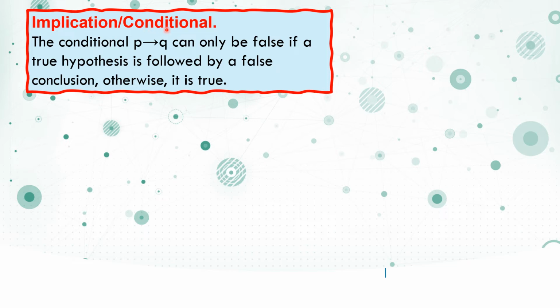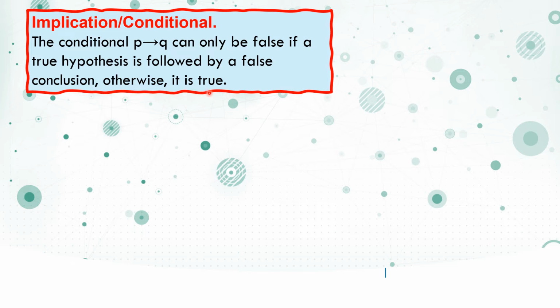Conditionals are very important in mathematics since most mathematical statements are expressible in this form. The conditional if P then Q can only be false if a true hypothesis is followed by a false conclusion.